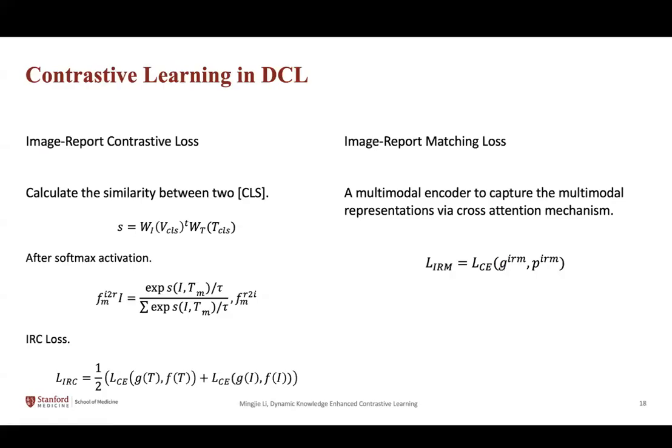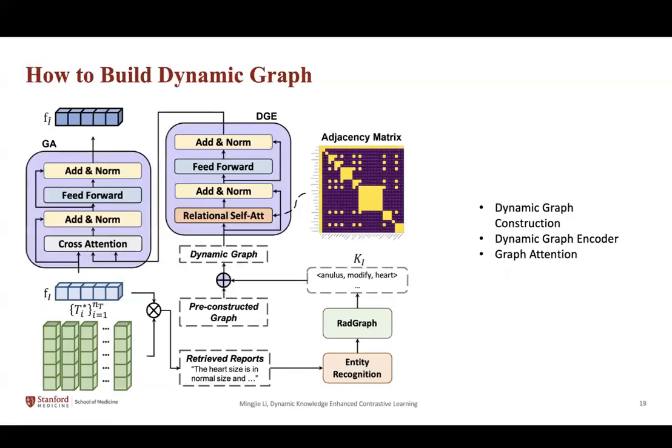Different from the image report contrastive loss, we utilize a multimodal encoder to capture the multimodal representations via a cross-attention mechanism. Notably, the multimodal encoder is only used during the training to improve representation learning. We will not use it in the testing or inference.